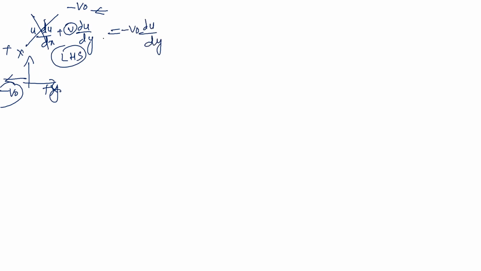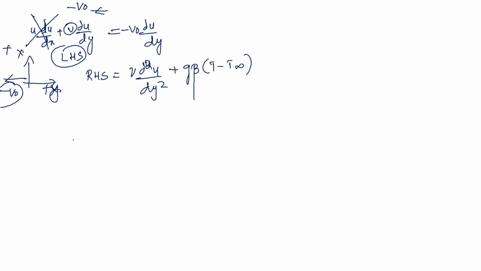Okay. And the RHS contains, what are the terms in the momentum conservation equation? Mu d square u by dy square plus dp by dx. In natural convection, that value is g beta into T minus T infinity. This has been already discussed, it is a buoyancy force.